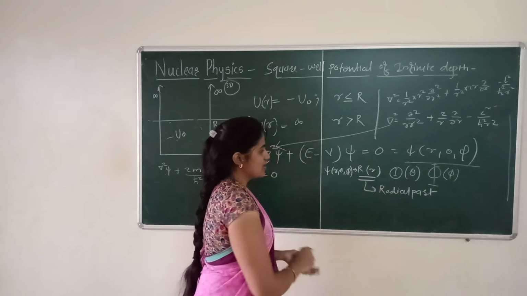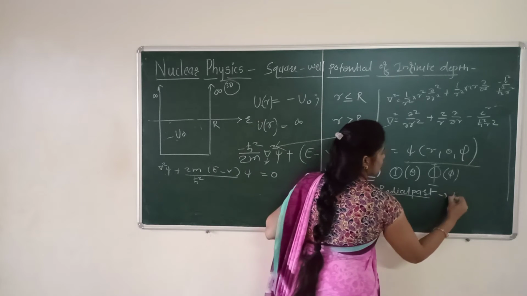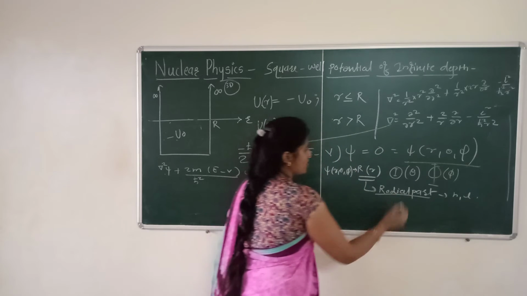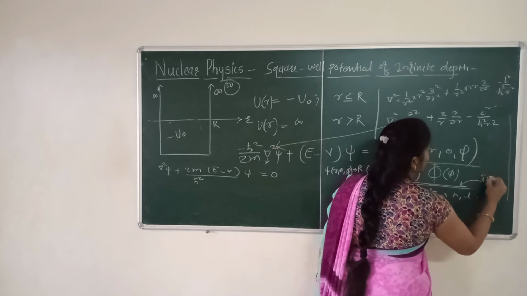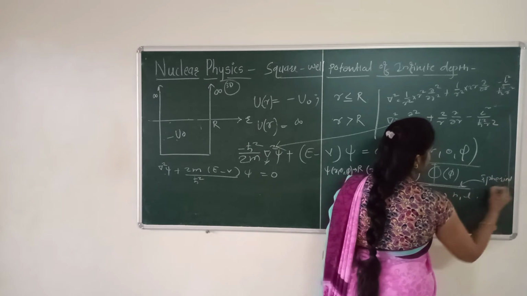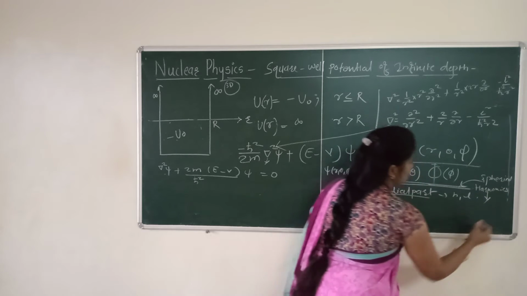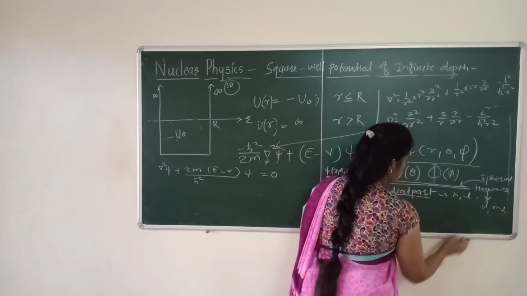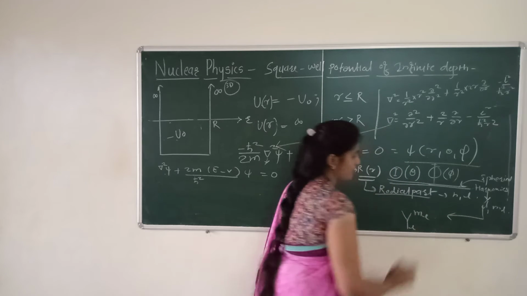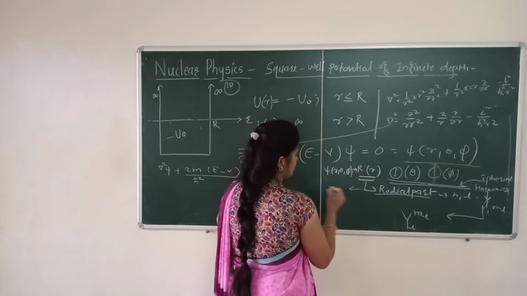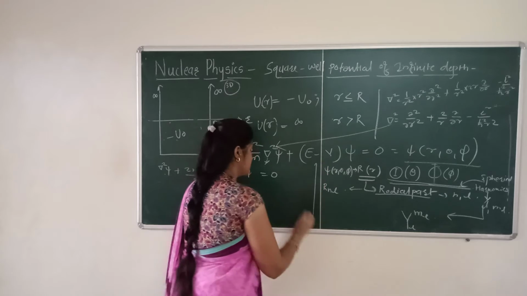Then this R(r) is the radial part of the solution, and the angular part is completely called spherical harmonics, and it depends on L and m, and it is written as Y L m. Understand, student? And this is written as R n L. Understand?